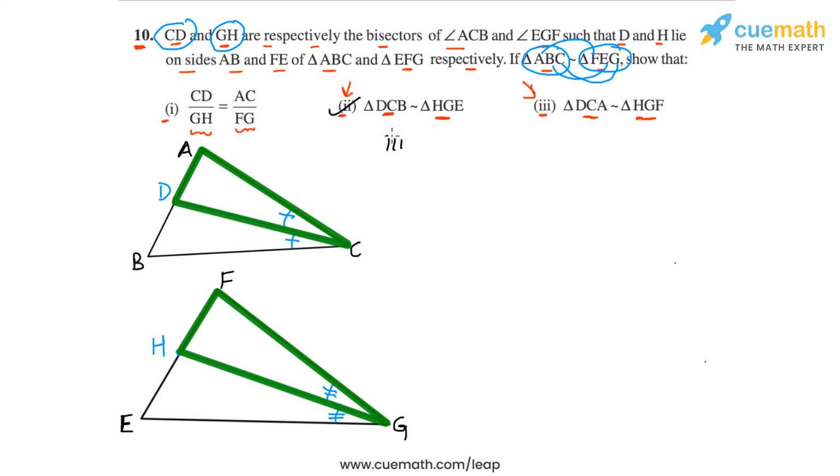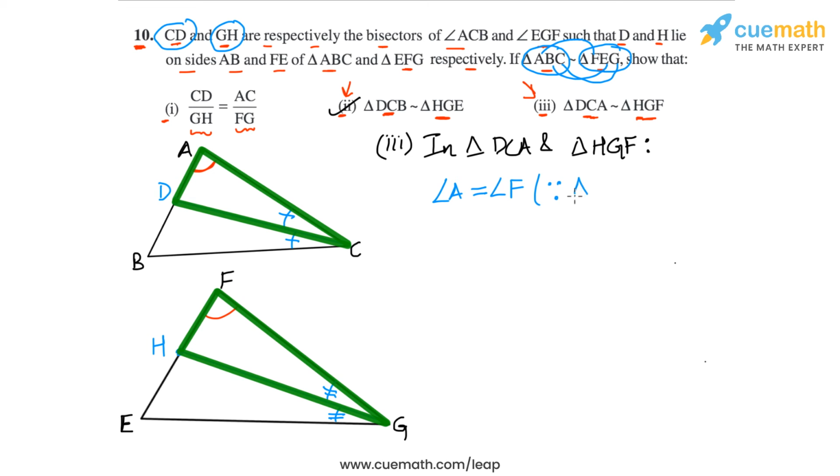In triangle DCA and HGF, observe the correspondence of the vertices carefully, the way it's been given to us. So angle A is equal to angle F, and the reason is that the triangles ABC and FEG are similar. They are given to us as similar.